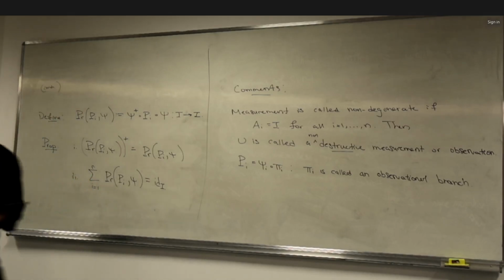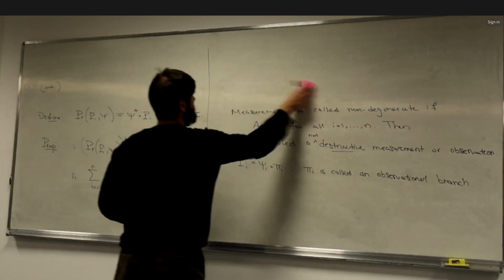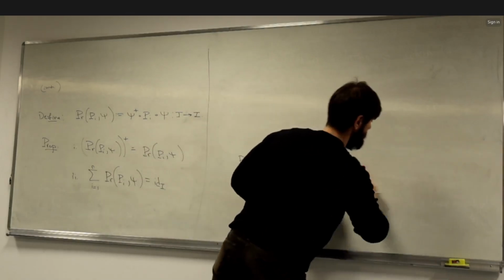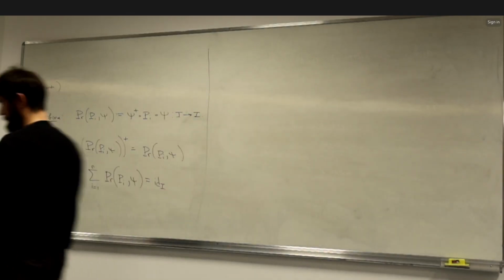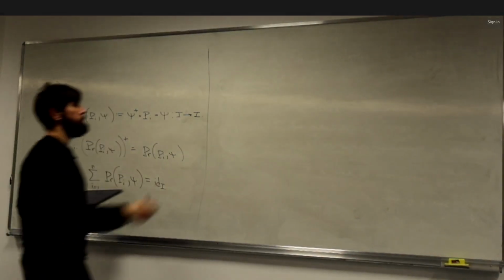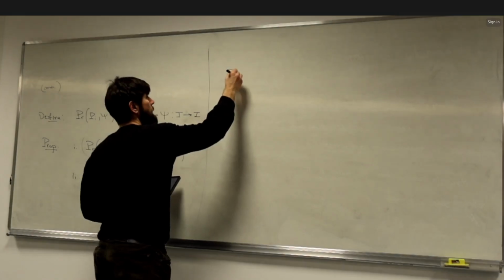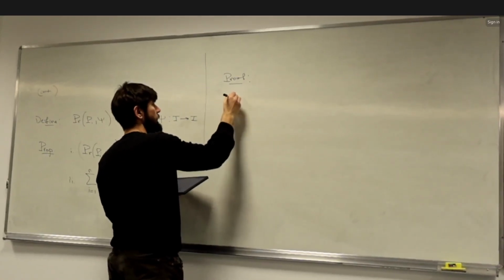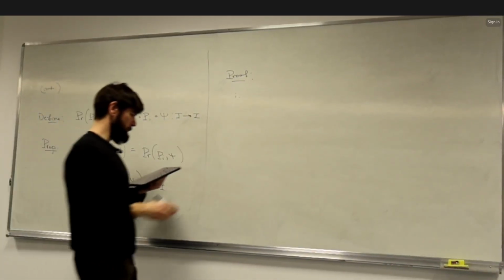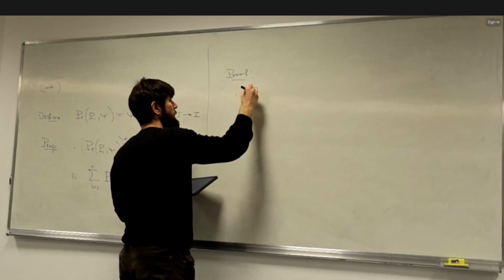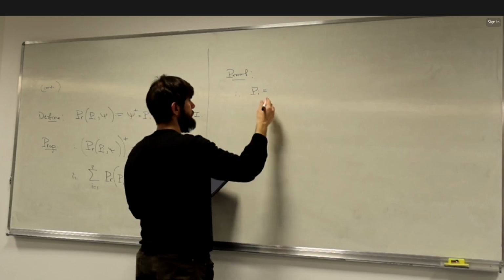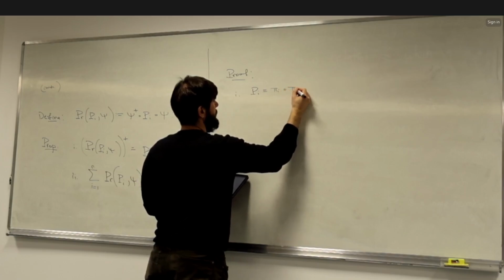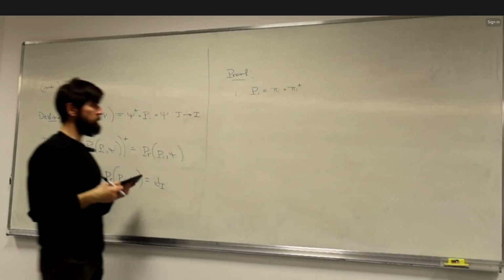Okay. So for the first piece, we want to show, well, first, let's use the following. PI is equal to pi I dagger.